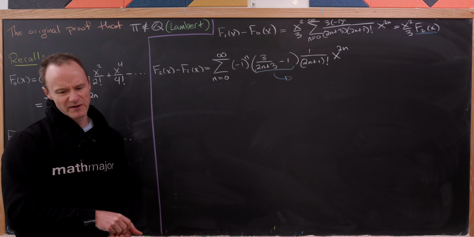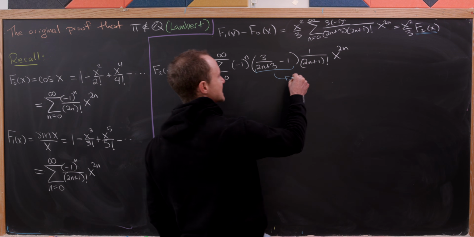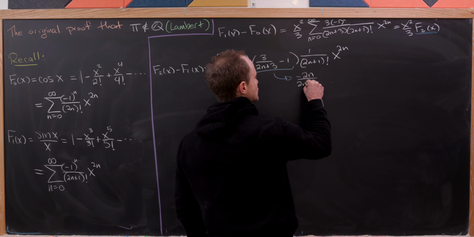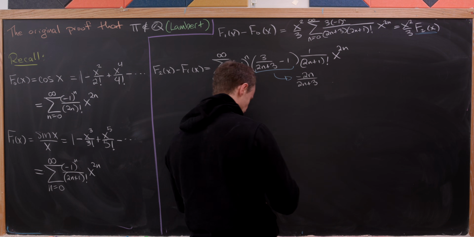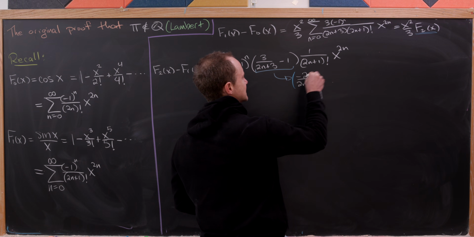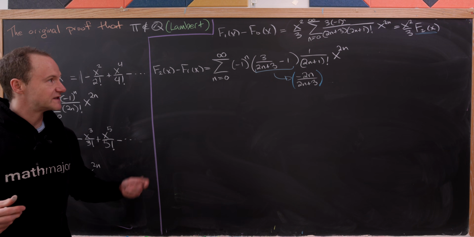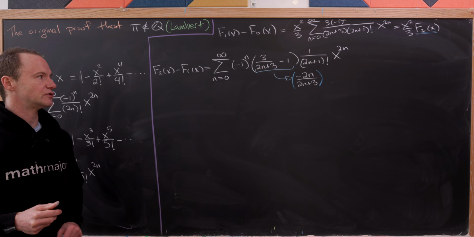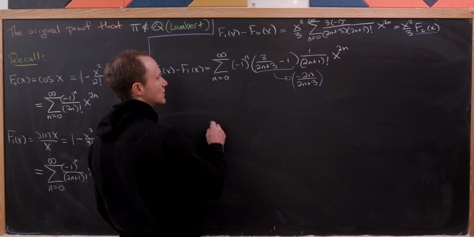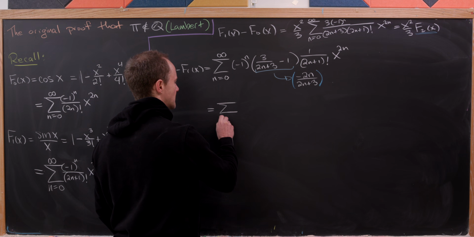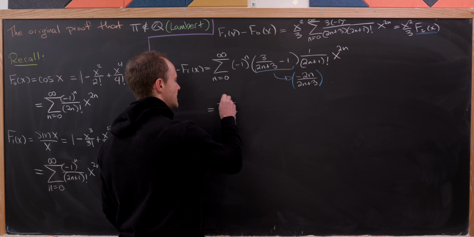Okay, nice. But next up, we'll observe that this thing right here will simplify nicely. And we can do that by finding a common denominator. What we'll see is that this is minus 2 times n over 2n plus 3. So maybe I'll put that in parentheses. That's what's happening inside of that parentheses with 3 over 2n plus 3 minus 1. So now let's write that down. So we've got the sum as n goes from 1 to infinity.